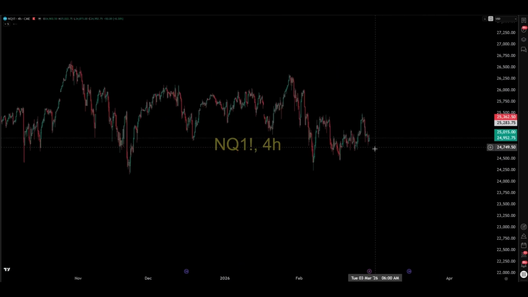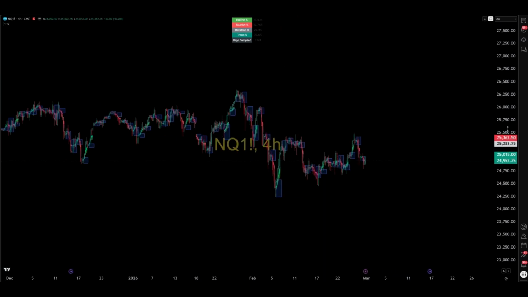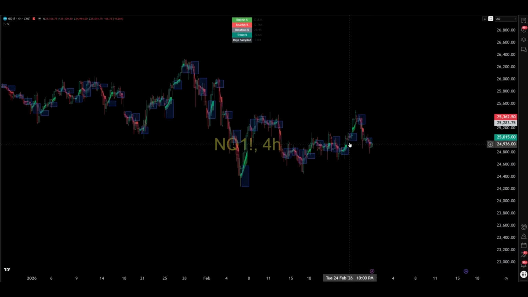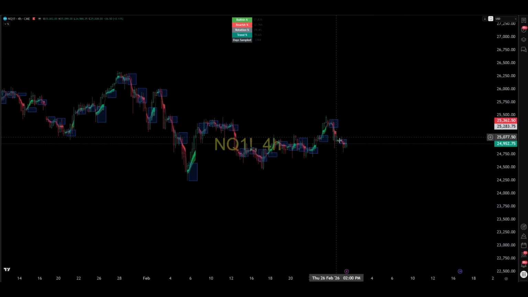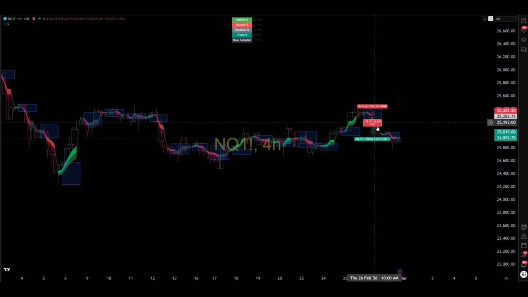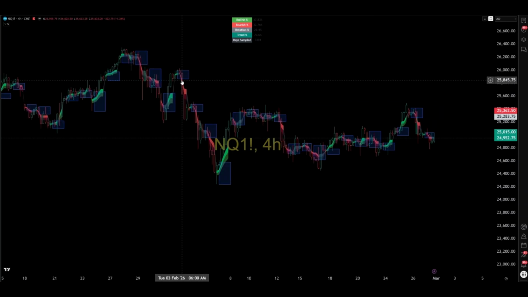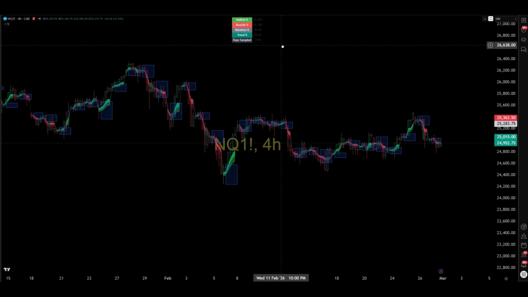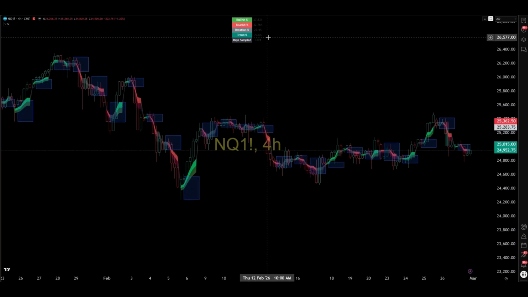So at that point, it's honestly kind of a gamble because you're fighting against a 70% chance that if we break down or break up from our range, our zone, not price, the zone breaks that range, or the daily candle zone breaks the range or whatever, 70.6% of the time, it's a continuation.